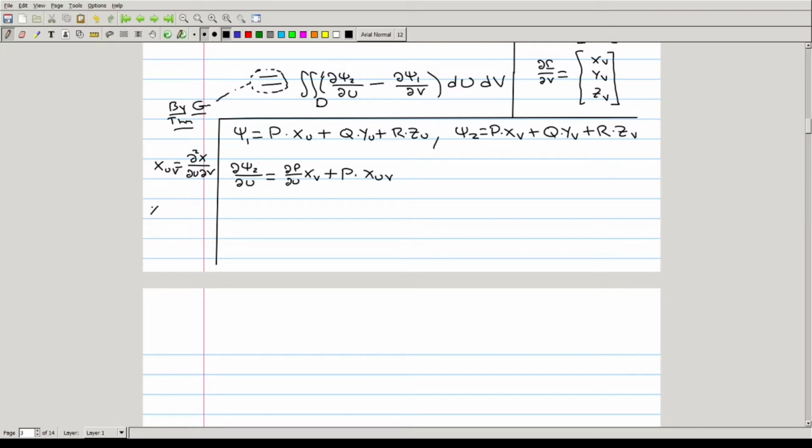Likewise, if I were to say xvu, this is going to stand for the second partial derivative of x, first with respect to u and then with respect to v. My notation right here.